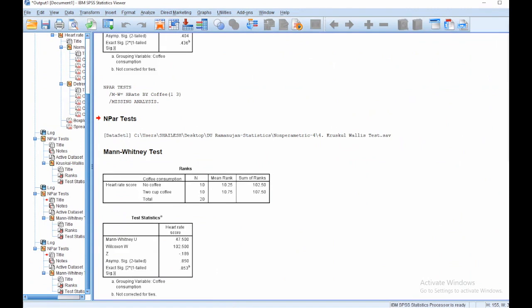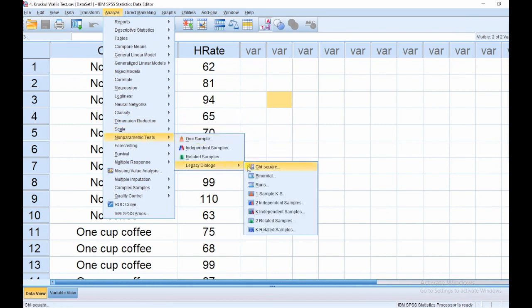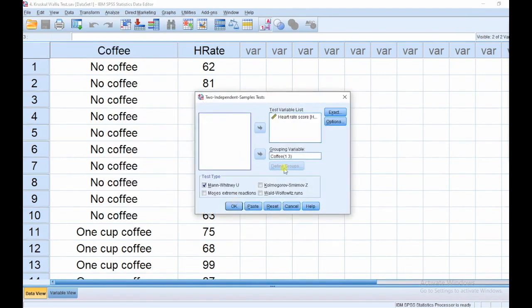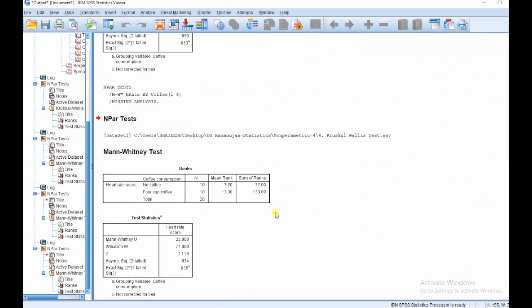And the third group, that is no cup coffee and 4 cup coffee. Continue, and then okay. Now I am interpreting the result.